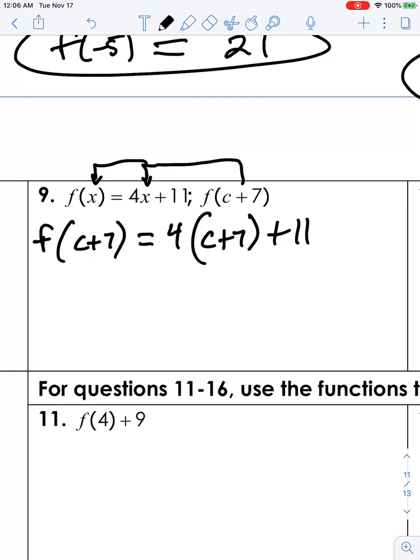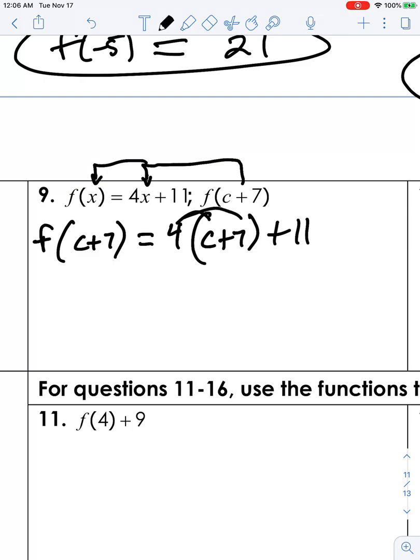Now obviously, still you're not doing anything on the left side. The only thing that it's telling you on the left is you're plugging in c plus 7 in for x. That's all it's telling you. And then you're actually doing it on the right side.